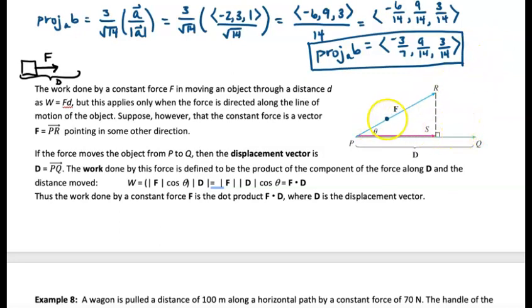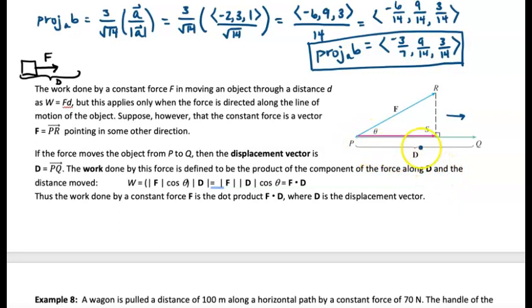So, if our force is in the vector PR, so this is the vector for our force F, and we are moving an object this distance, well, then the work is just going to be the horizontal component of this force. Because the vertical component of this force doesn't factor in, we're moving this object forward.